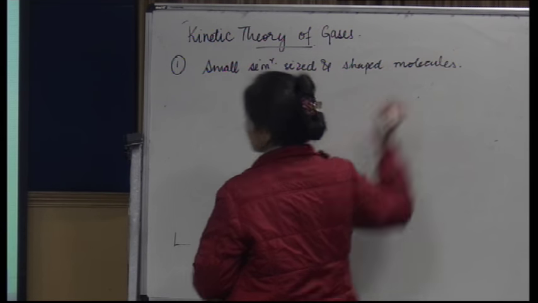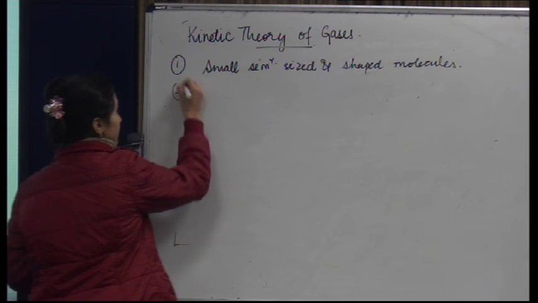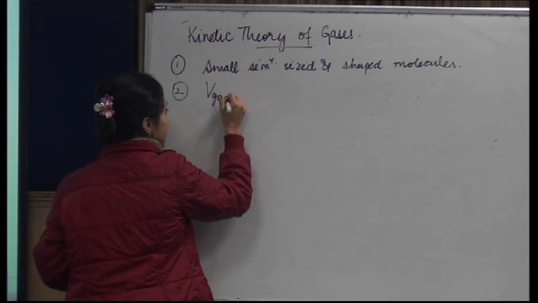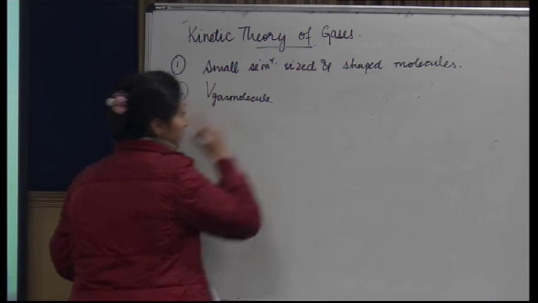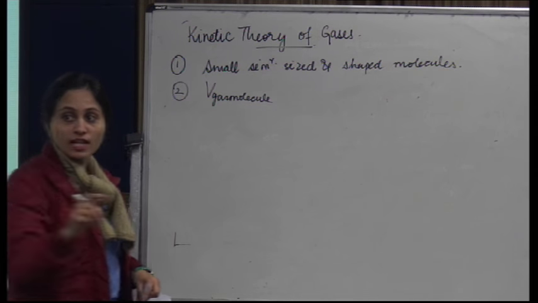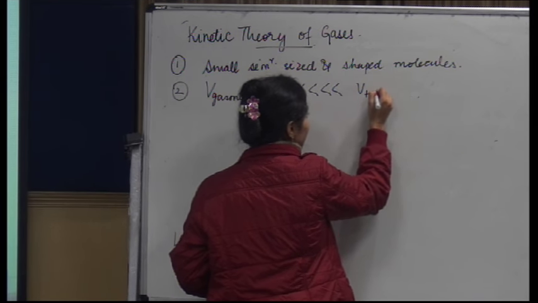This is the first postulate. Then the second postulate is that the volume of each gas molecule, that means the volume of one gaseous molecule, is negligible in comparison to the total.